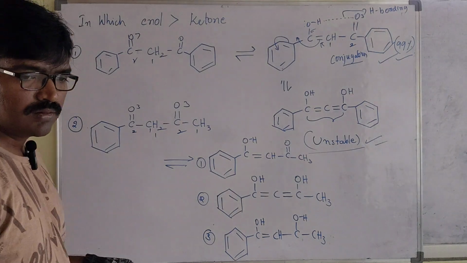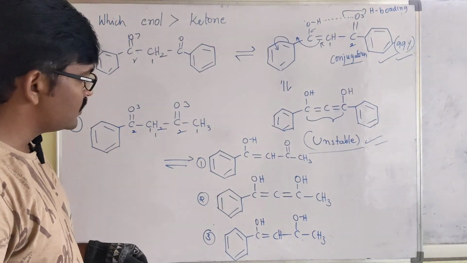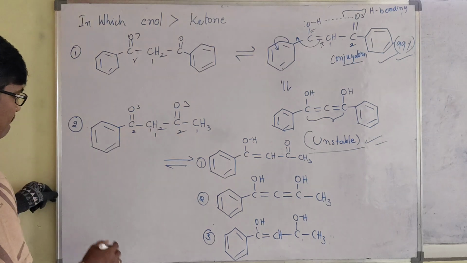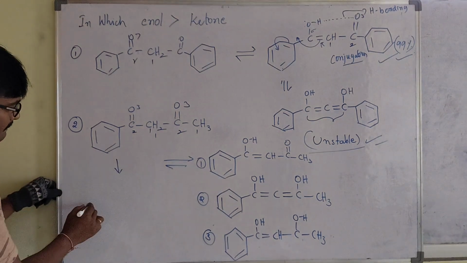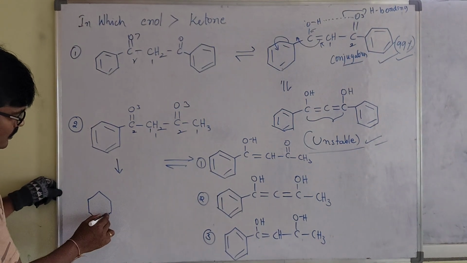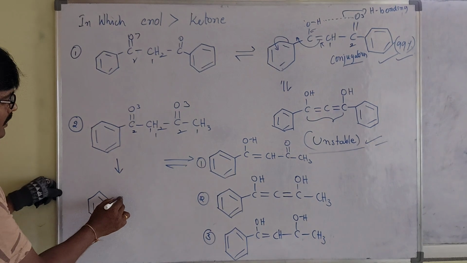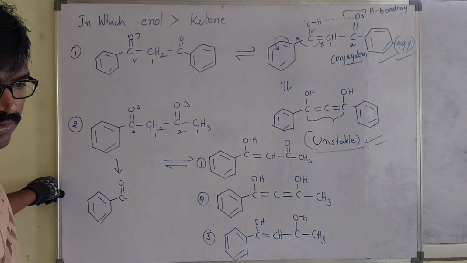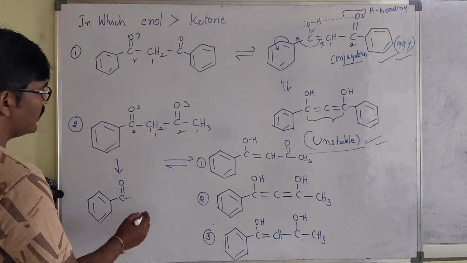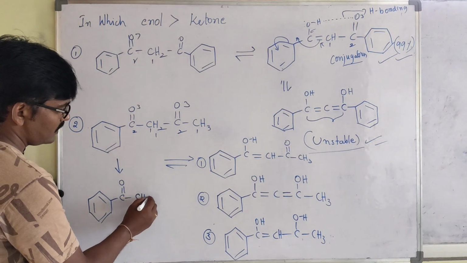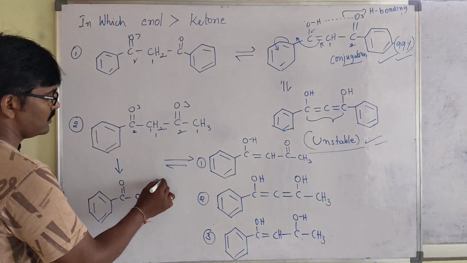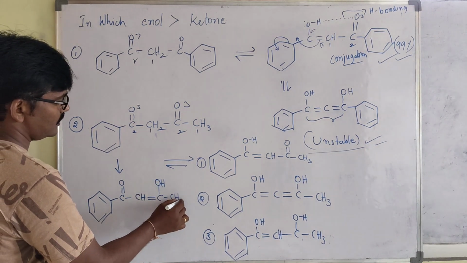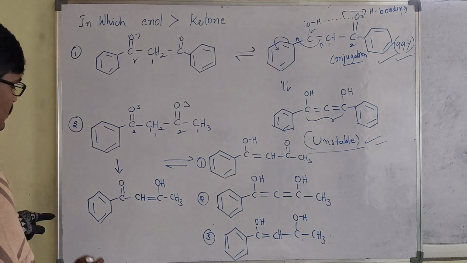Okay, clear? Right. Sir, one more possibility is there, that is C double bond O as usual will be there, then from here onwards, then CH, then double bond C OH, then bond CH3, like this will be there. So like this is the fourth compound.